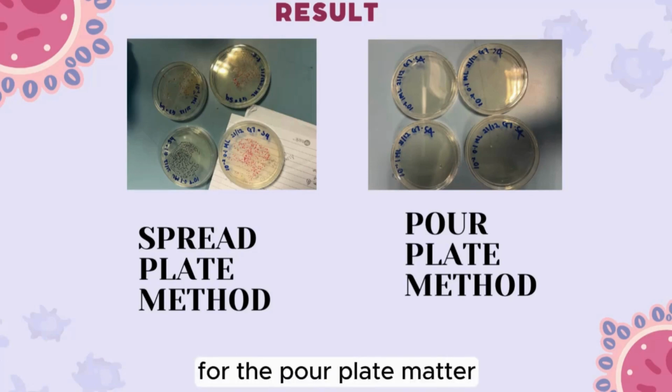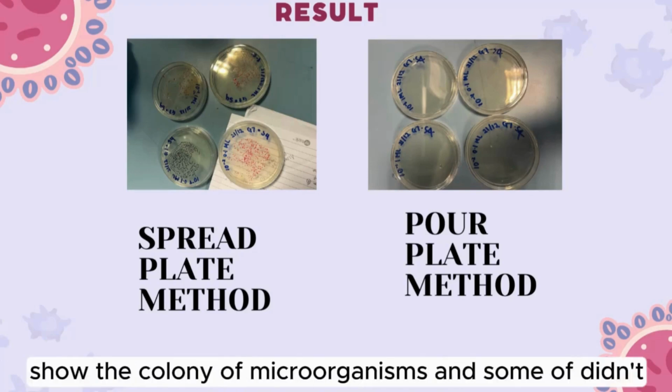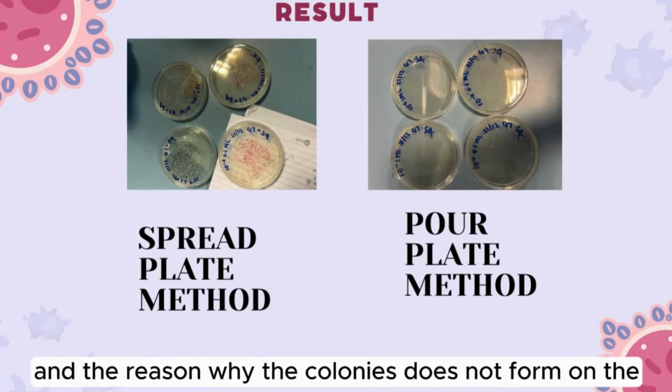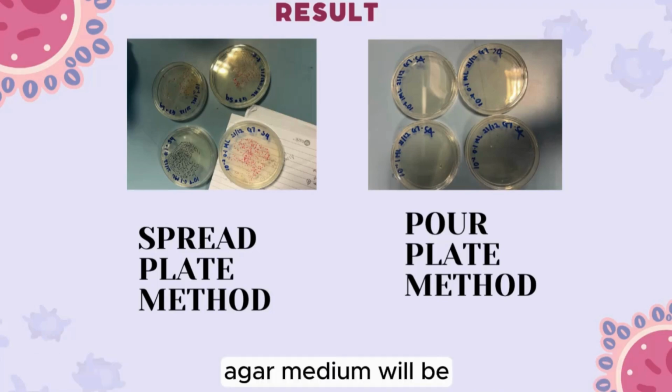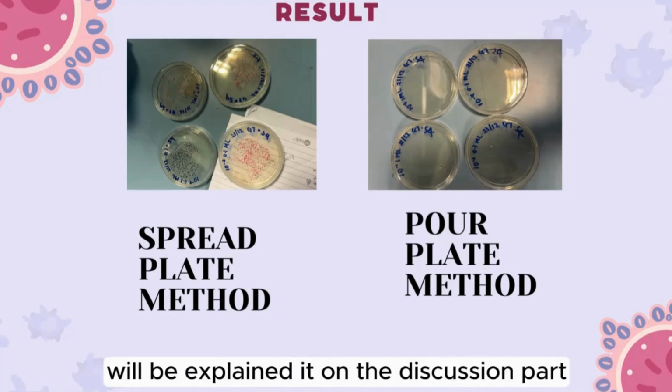For the pour plate method, some of the petri dishes show colonies of microorganisms and some don't. The reason why colonies do not form on the agar medium will be explained in the discussion part.